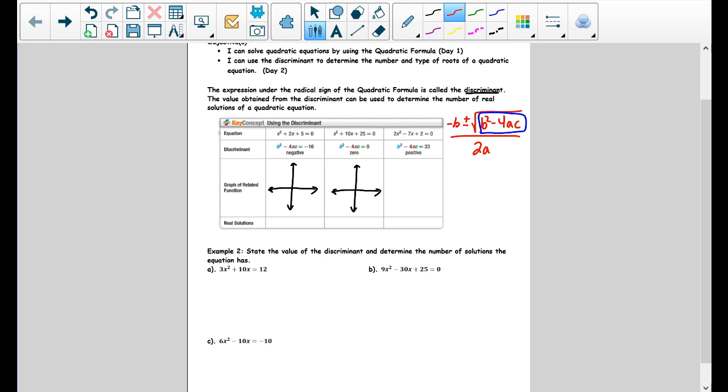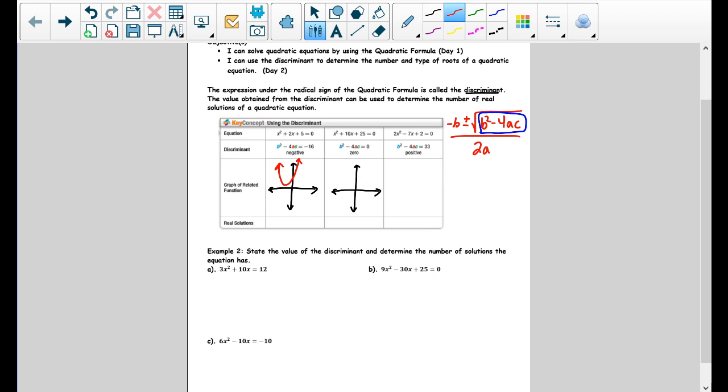My graph for this first equation is going to look something like that. It's going to be up above that x-axis. It's opening up, so it's somewhere in these top two quadrants. It doesn't touch my x-axis.